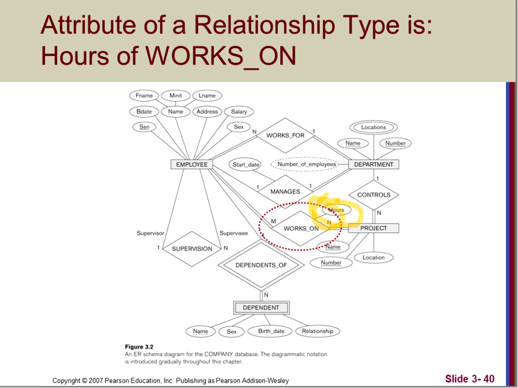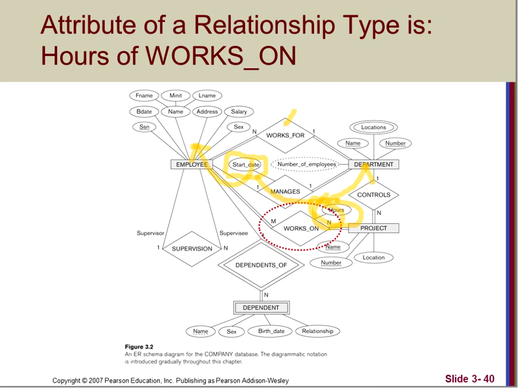However, sometimes a one-to-one or many-to-one may have such an attribute, but think about this as a one-to-one mapping. One-to-one mapping means the start date, for example, in this case, can move to the attribute of the employee or the attribute of the department.